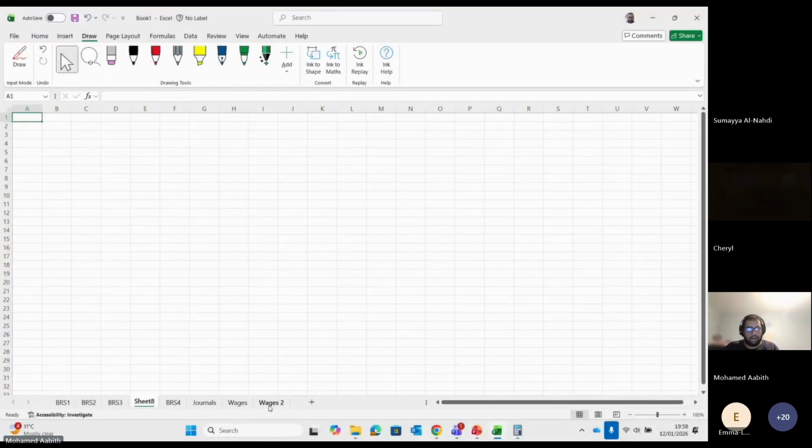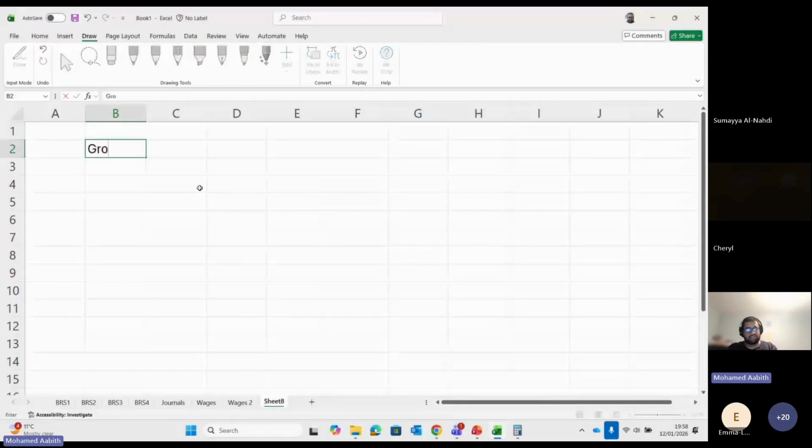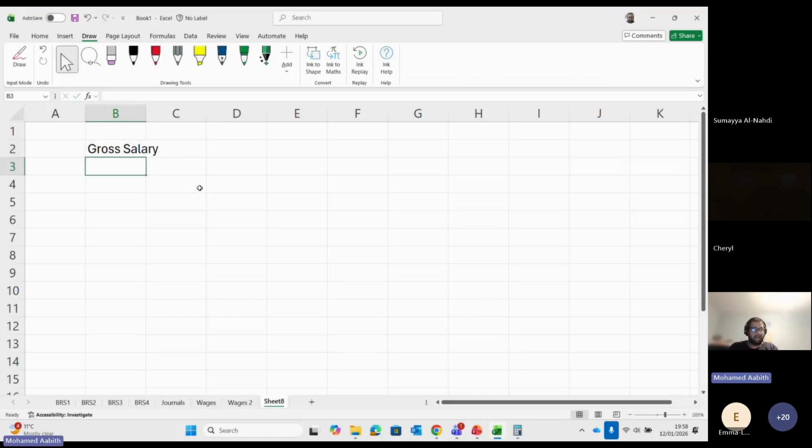So the money you're going to be earning, for example, for a business: you have your gross salary plus employer NI and employer pension contribution.